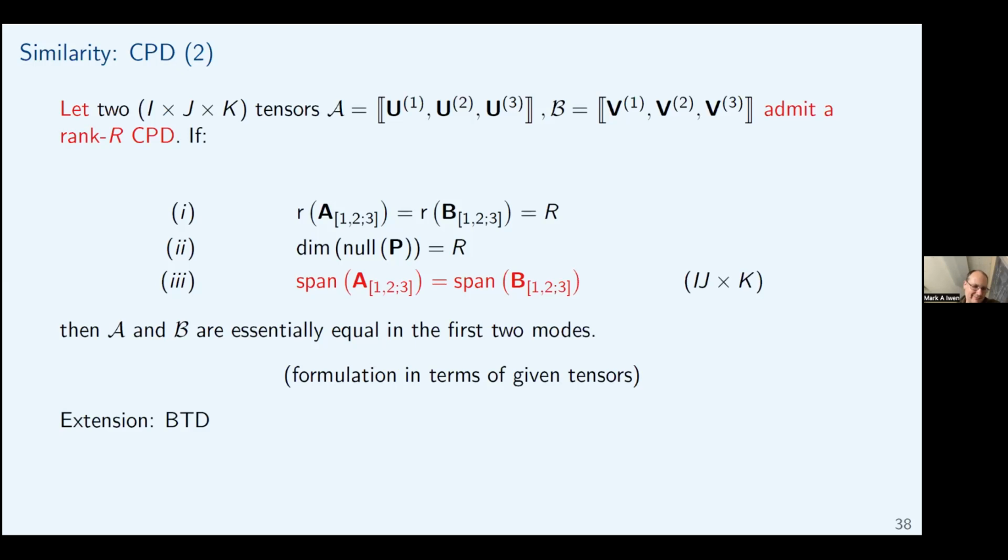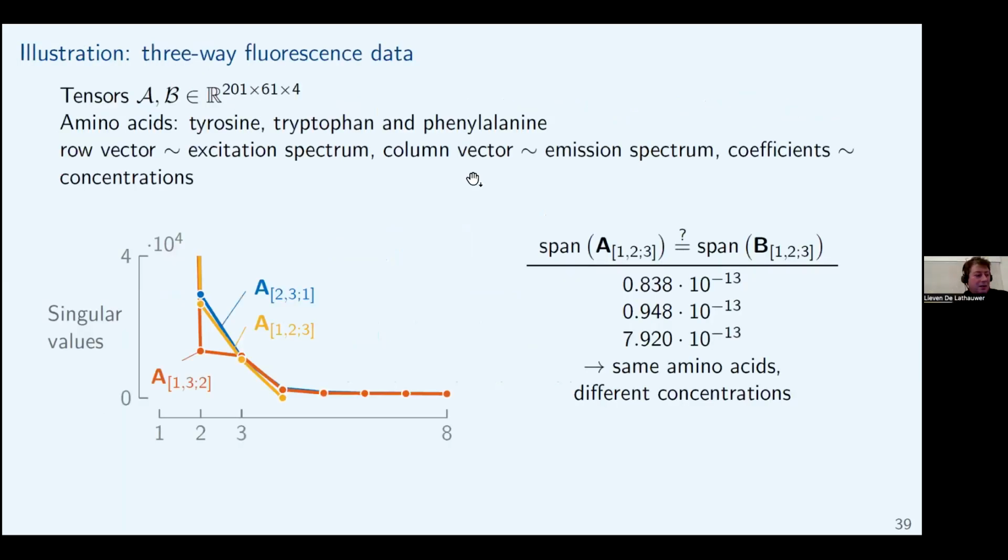Thanks a lot. Okay. This is an application example. Let me check time again. It's actually the chemometrics example, where we now have two chemometrics tensors. And here we look at the canonical angles between the two subspaces that need to be the same.